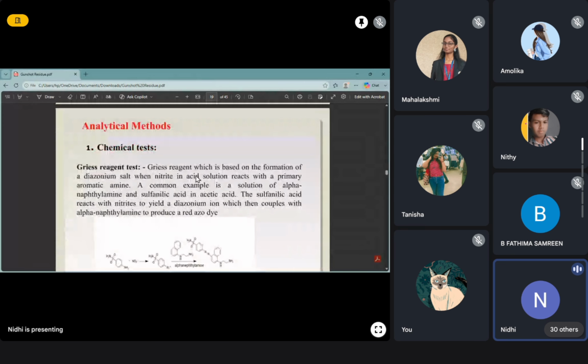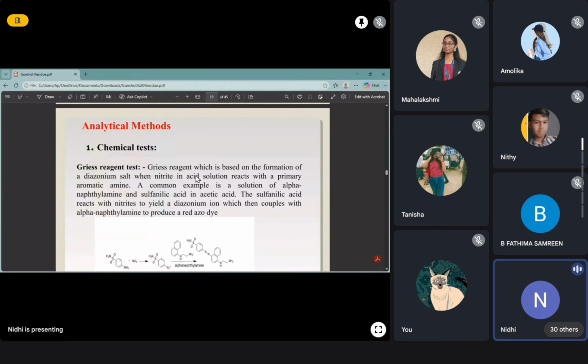Then come the analytical methods, which are chemical tests. Griess reagent test. Griess reagent is based on the formation of a diazonium salt when nitrite in acid solution reacts with a primary aromatic amine. A common example is a solution of alpha naphthylamine and sulfanilic acid.